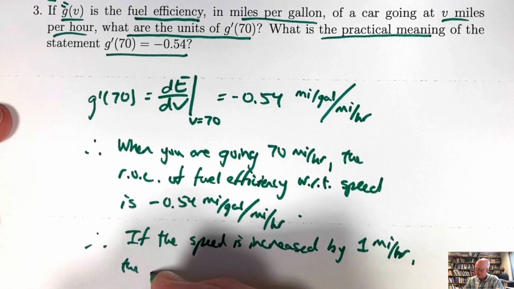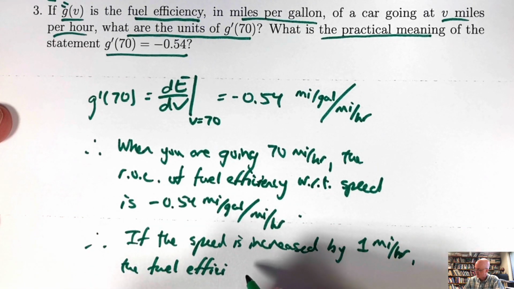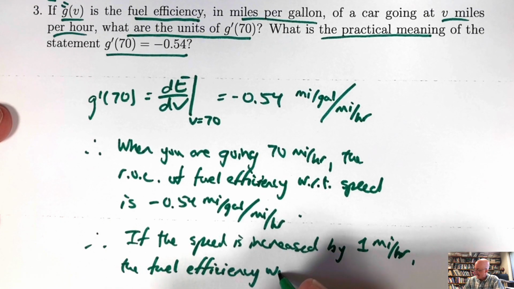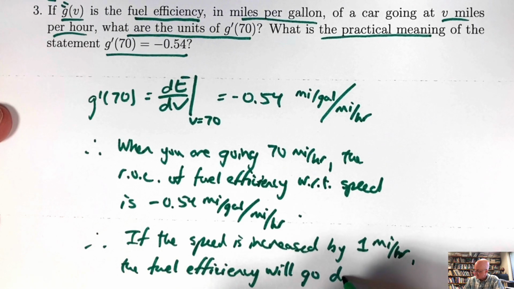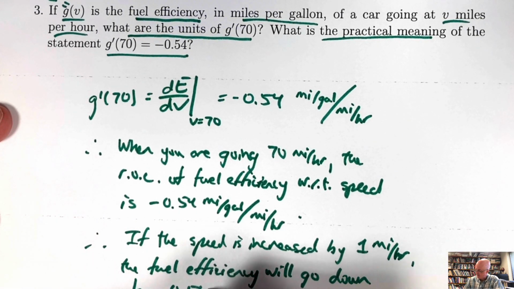The fuel efficiency, let's go ahead and phrase it like this. You could say it will change by negative 0.54 miles per gallon, but you also could say will go down by positive 0.54 miles per gallon.